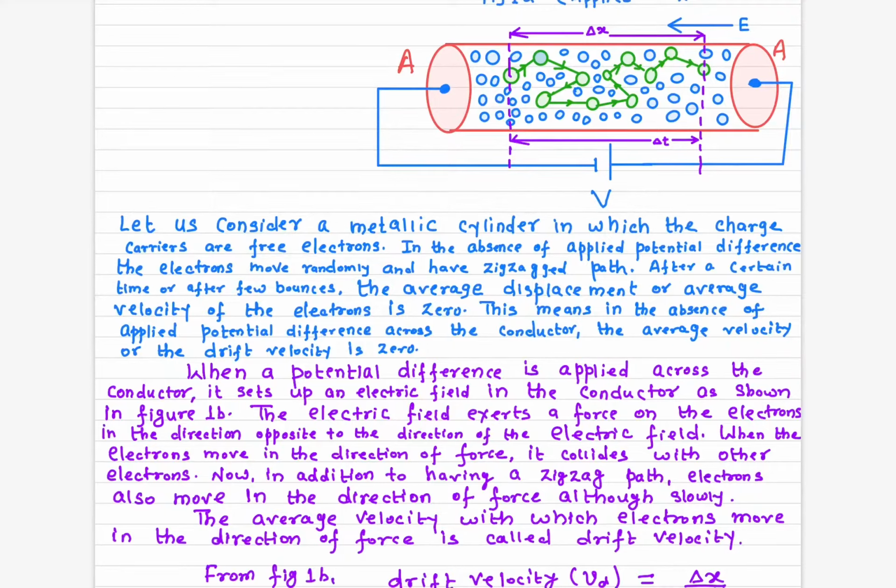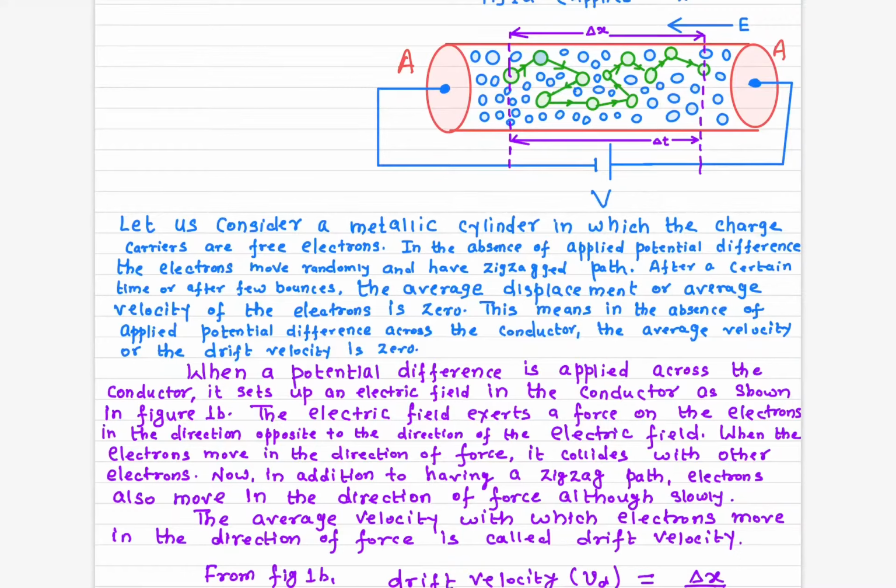Okay, so what is the electric field doing? It is setting up a direction in which the electrons have more probability, a more preferred path of moving. In this case the electric field is in this direction, from positive to negative terminal.